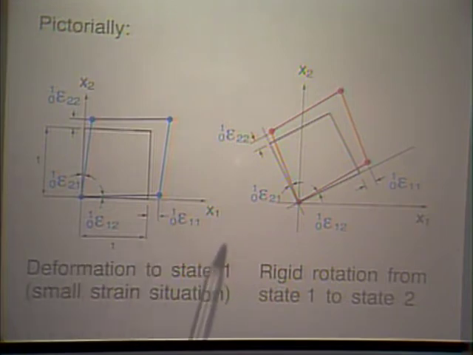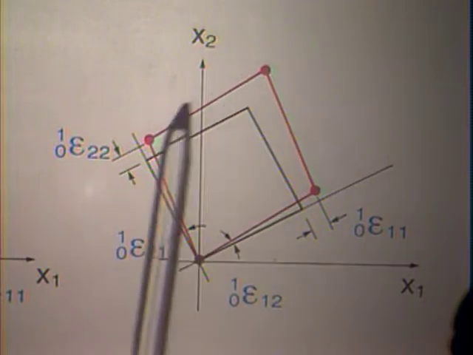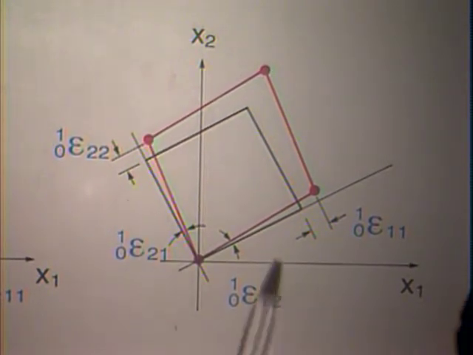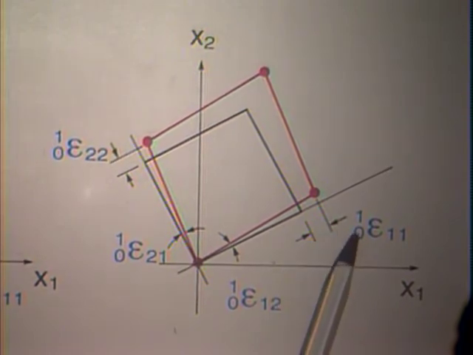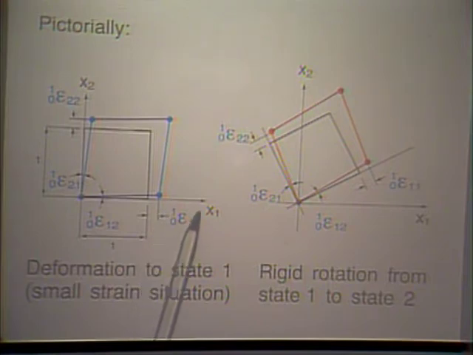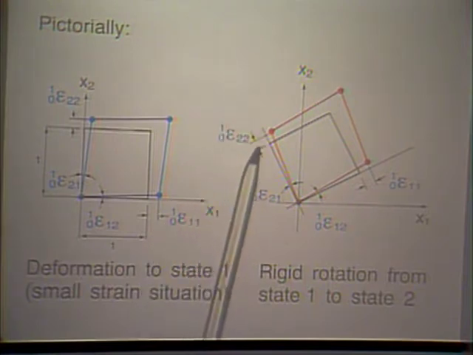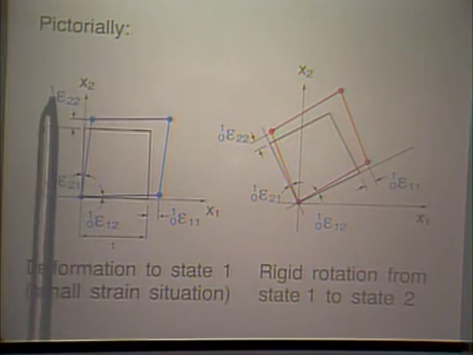Now, going from state 1 to state 2, we rotate the element rigidly, as shown here. Then we know that this distance here is still 1 times epsilon 1, 1, same as what we have had here. This distance here is the same as what we have seen here.